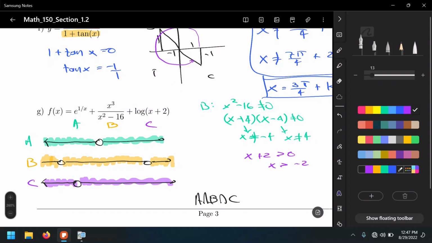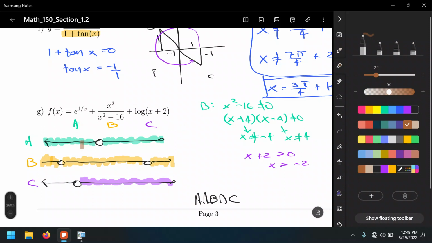So what are the sets that are in common? The most restricted function right here is the one in purple, which is the logarithmic function. So this is not going to be part of the domain, and this is not going to be part of the domain either. So truly where there's overlaps is here.